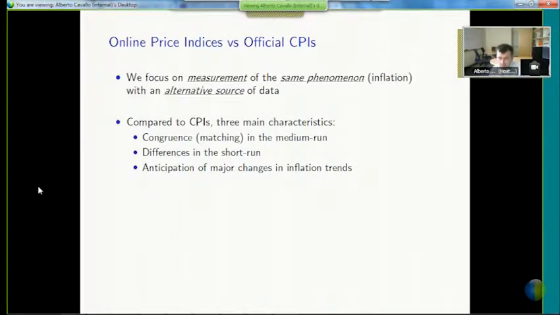And our data in general has several characteristics. If you compare it with official information at the midterm, there's always matching. The case of Argentina is an exception, but there are also short-term differences because it is an alternative data source.